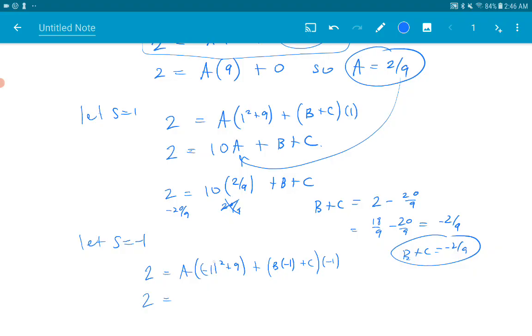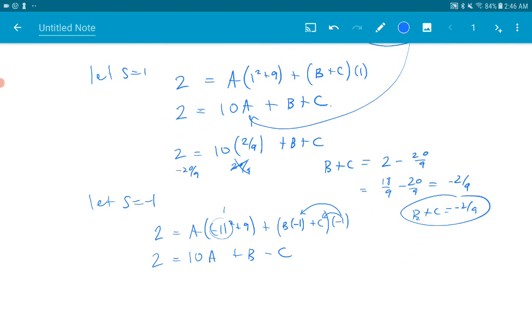We get 2 equals, well, negative 1 squared is still 1, and 1 plus 9 is still 10, so 10a. And if I distribute this minus, I get negative 1 times b times negative 1, so it becomes plus b, and then minus c. So now I can replace a with 2/9, and say b minus c equals 2 minus 20 over 9, or negative 2/9.